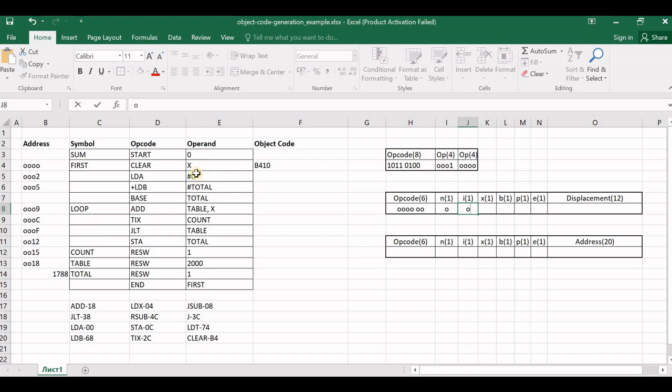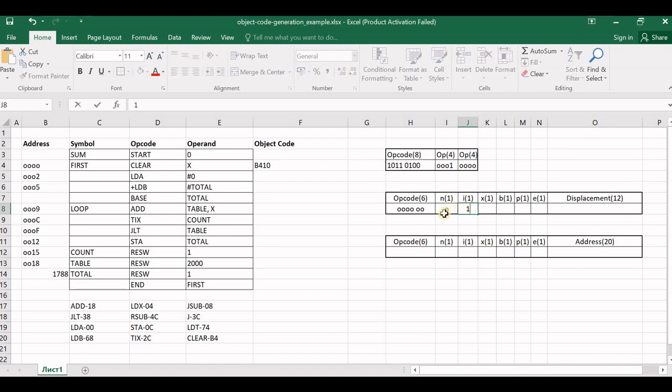Now check which addressing mode this instruction is in. This instruction is in immediate addressing mode. How do you identify it? The operand is preceded with a hash symbol. So here you can find that the operand is preceded with a hash symbol. So you have one bit allocated for immediate addressing mode, which is I. Since this instruction is in immediate addressing mode, you make this bit 1.